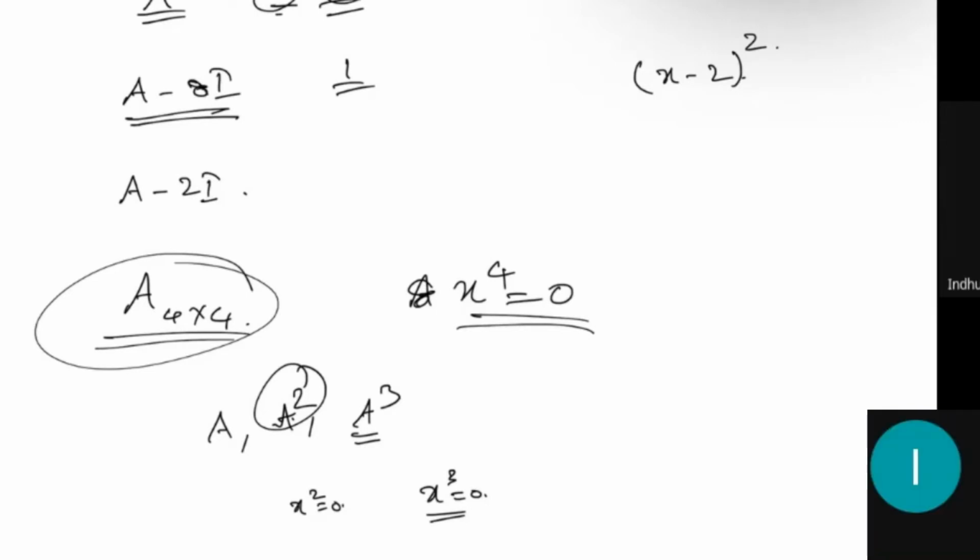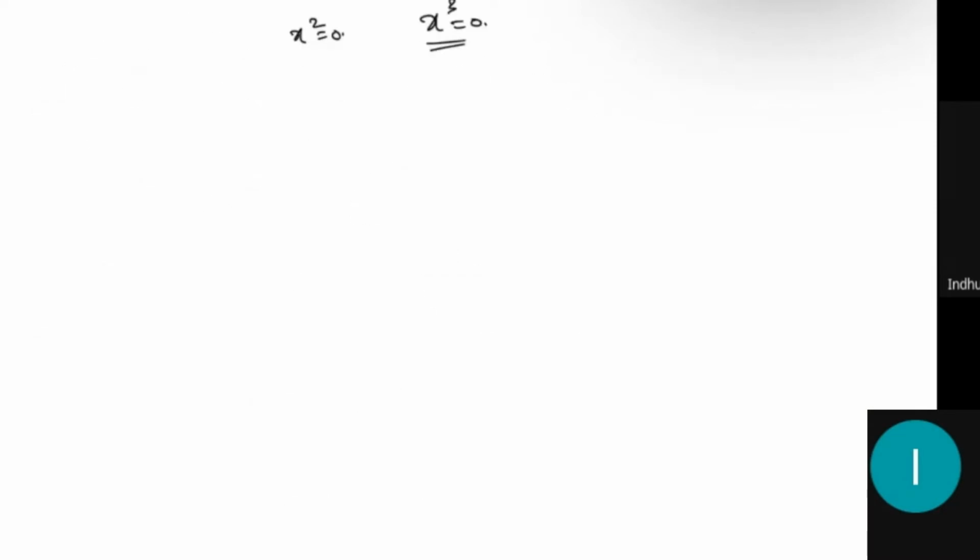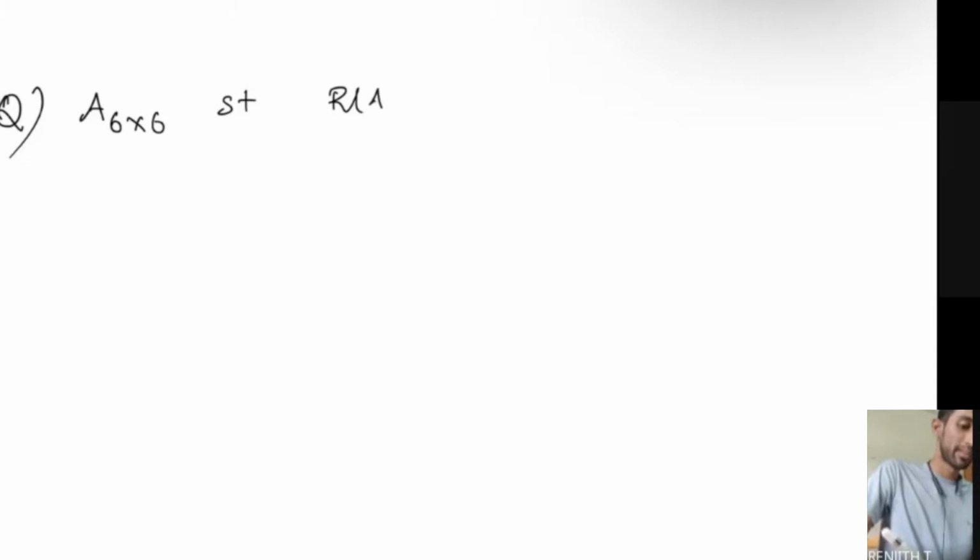Okay, sir. Now, I will do somewhat difficult questions from Jordan block. This is the question. A is a 6 by 6 matrix such that rank of A is equal to 3, rank of A square is equal to 1, rank of A cube is equal to 0.